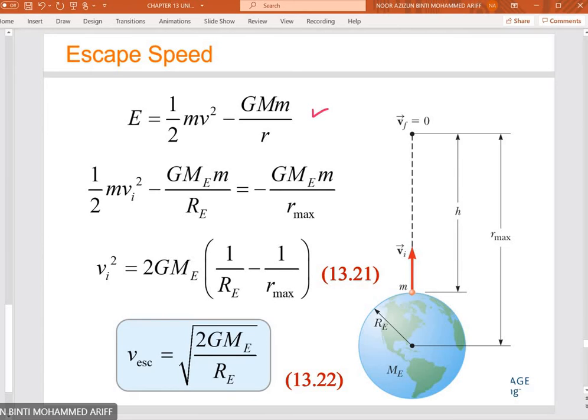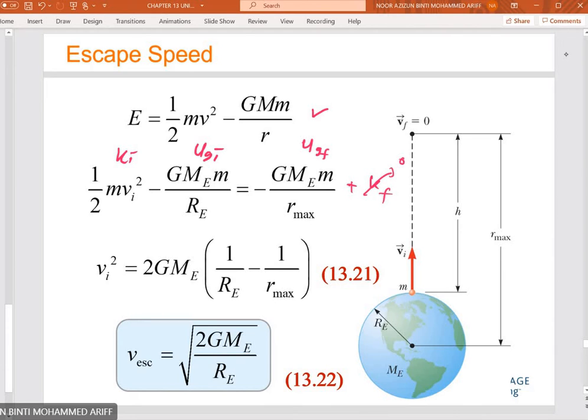As you can see, I have my initial velocity here, then this is my initial potential, and this is my final potential. Although I said earlier that it is no longer attracted to the Earth, its value is still there, just very small. If you calculate, the greater the R, the smaller the potential energy. It exists but is very small compared to the initial. The final kinetic energy is zero, so here it is 0.